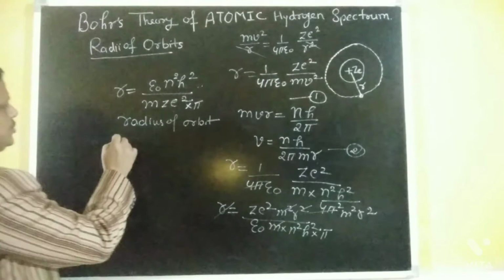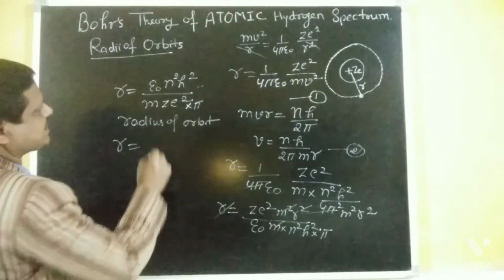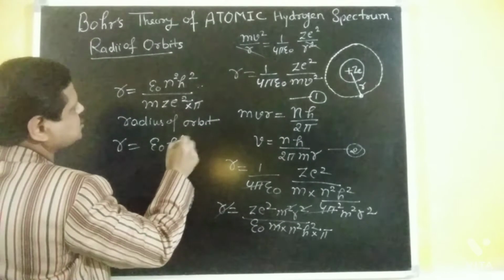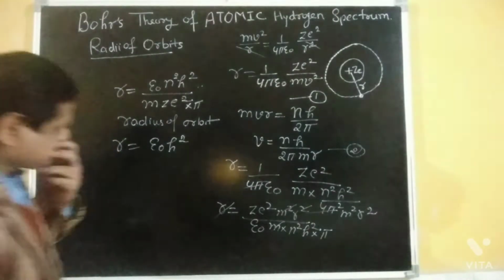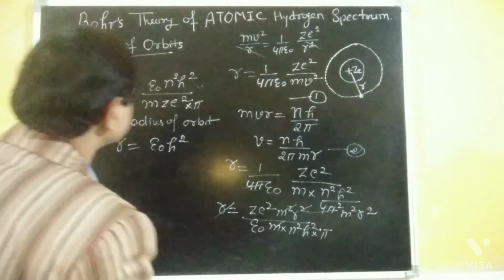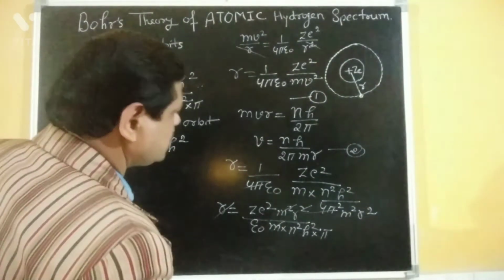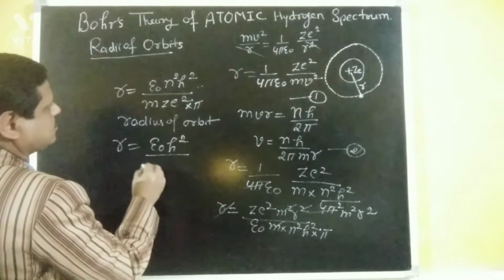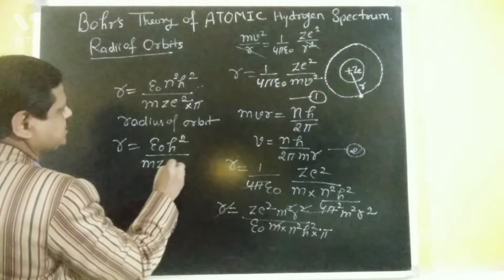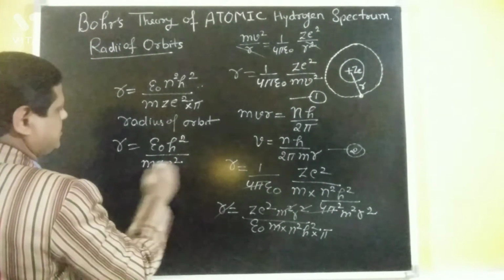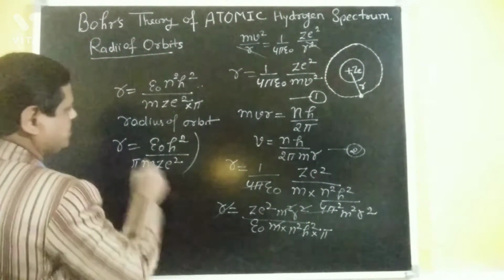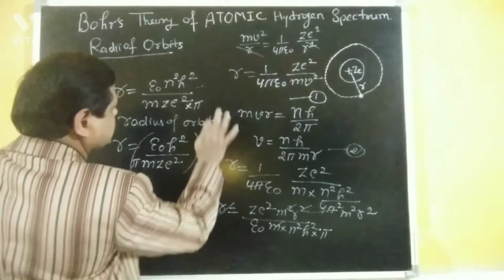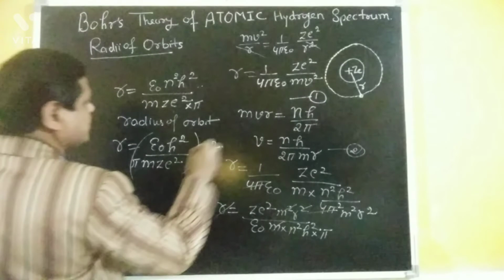and you can write it as epsilon naught h square upon m z e square pi, times n square.